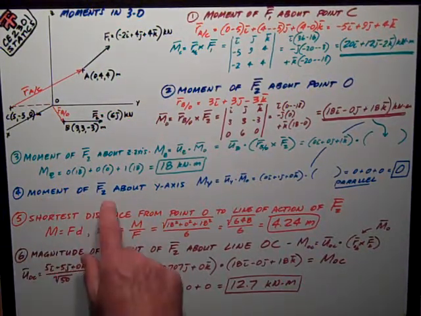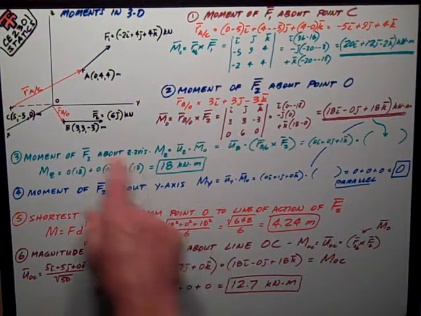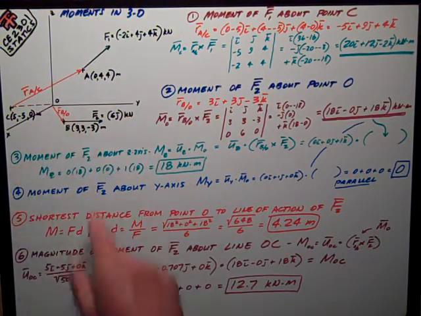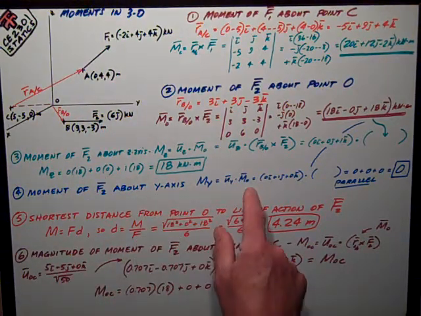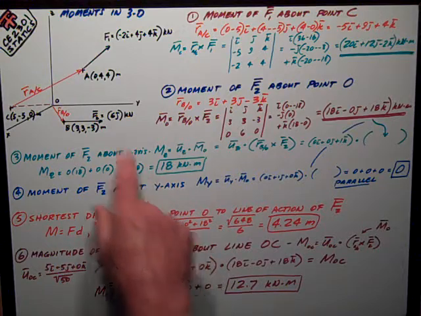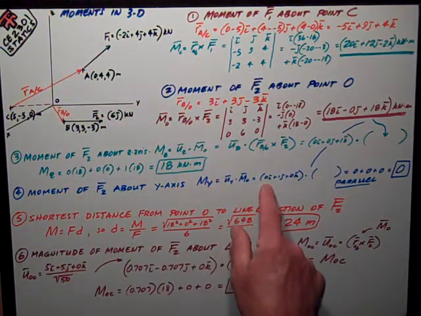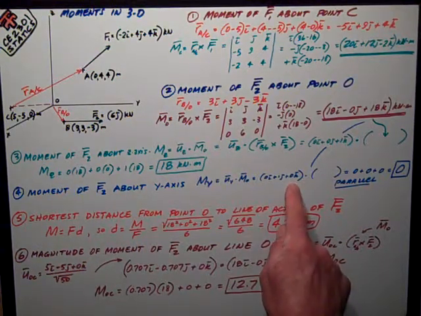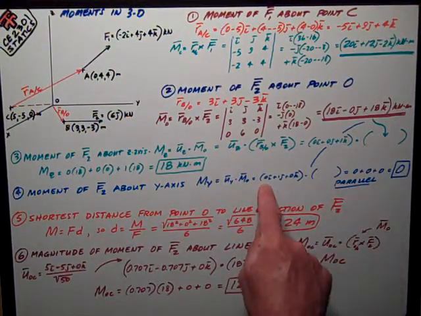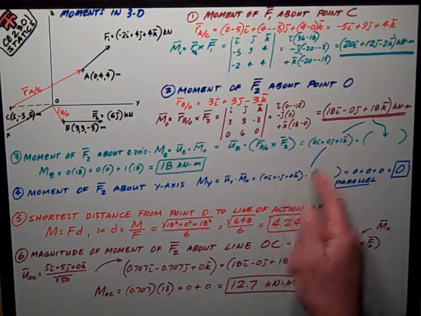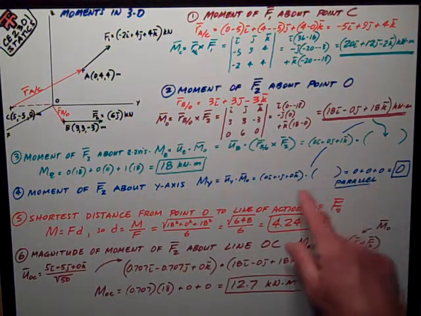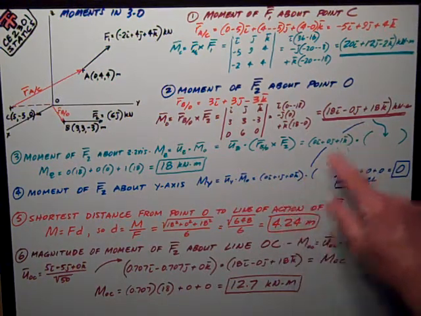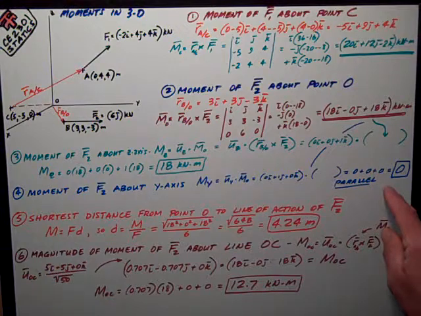Part 4, moment of F2 about the y-axis. Same kind of deal. I've already got the moment about point O, which is on the y-axis. So I get a unit vector in the direction of the y-axis, which is 0i, 1j, and 0k, and then I do the math, multiply the i terms, j's and k's times each other, and I get 0 times 18, 0, 1 times 0, 0, 0 times 18, 0.